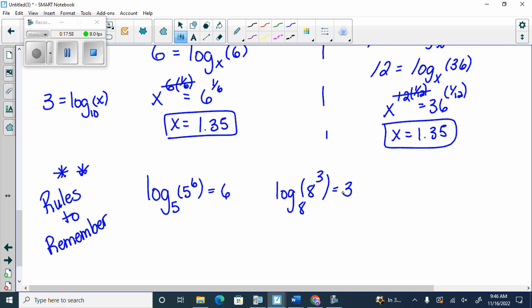What the heck? Why is that happening? What can we do with our exponent? Instead of staying up there, it could drop in front, so let's look at it that way. So I get 3 log base 8 of 8.